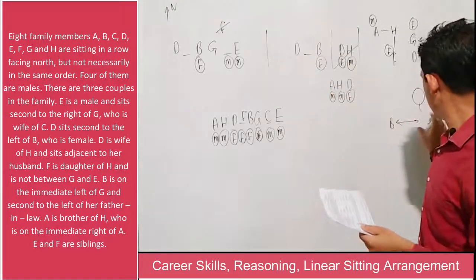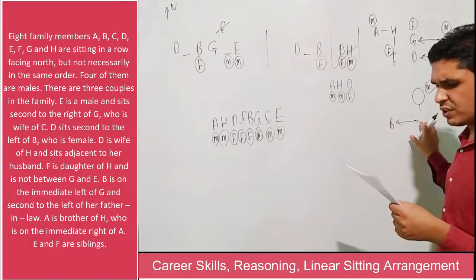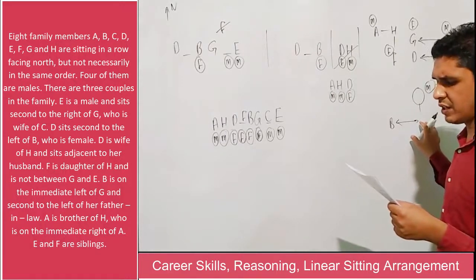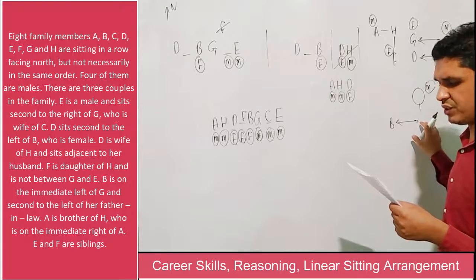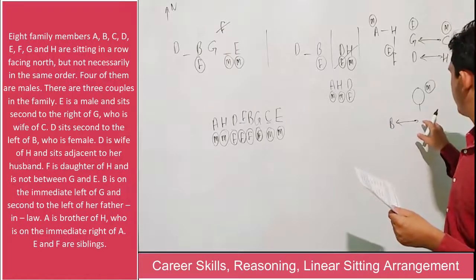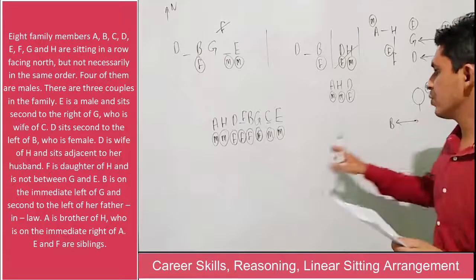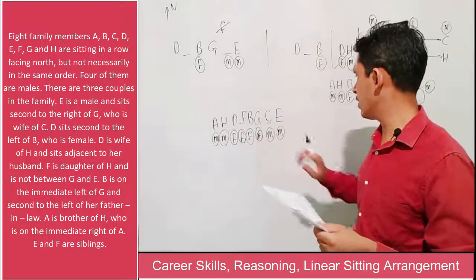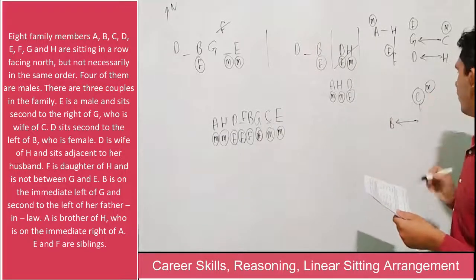Okay, so if we come to find the spouse of B, if we check, B is on the immediate left of G and second to the left of her father-in-law. Okay, so B is second to the left of his father-in-law, that means C will be the father-in-law.